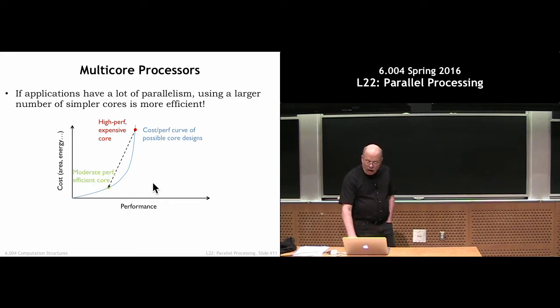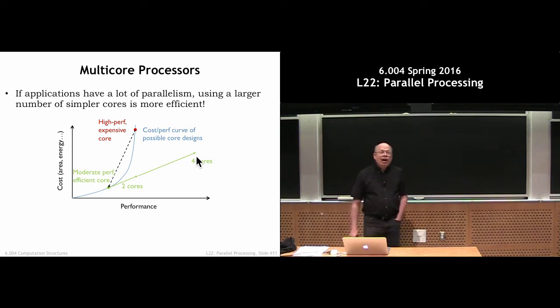On the other hand, if we look at how this compares to a modest performance core, we can get half the performance for much less than half the cost. And that suggests that if I use 2 cores or 4 cores, I'm able to get much higher performance at dramatically lower cost. And so that's really why everybody is focusing on delivering more and more cores.